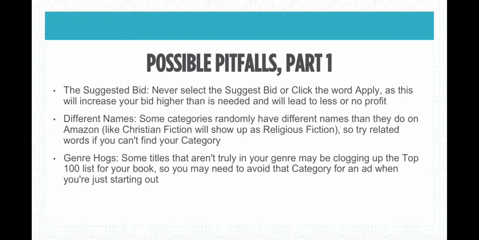Some titles are not truly in your genre and might be clogging up the top 100 list for your book. If you see a category that is very clogged with the wrong books, you may want to avoid running an ad to that category. For instance, superhero books are really clogged with romance and non-superhero books.